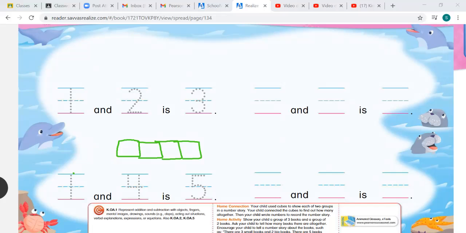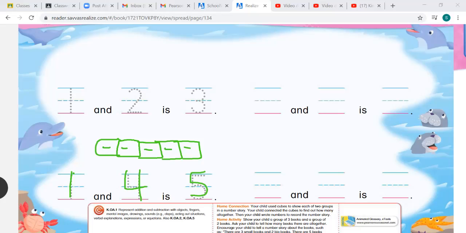We are going to add our cubes together. So I'm going to add the 1 cube to my 4 cubes. And now we have 1, 2, 3, 4, 5 all together. So we had 1 boat, 4 more boats came, and 1 and 4 is 5.